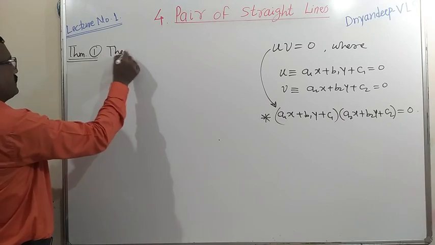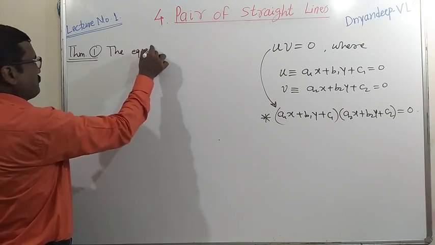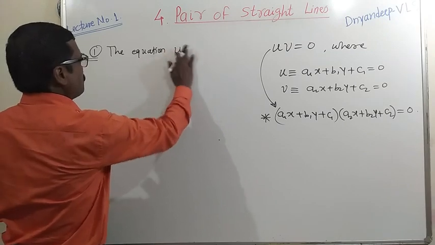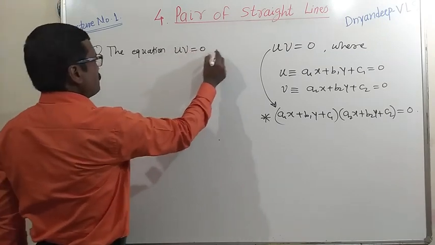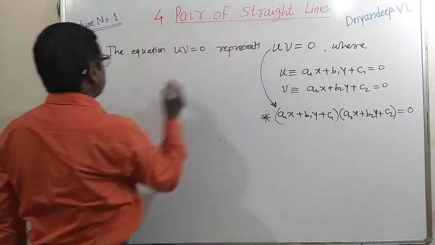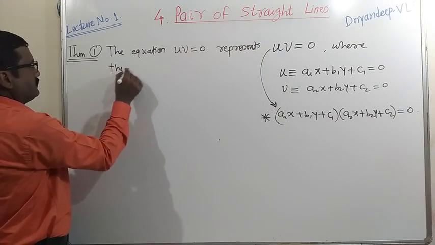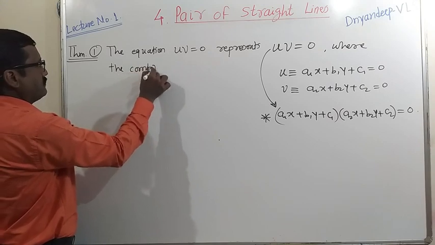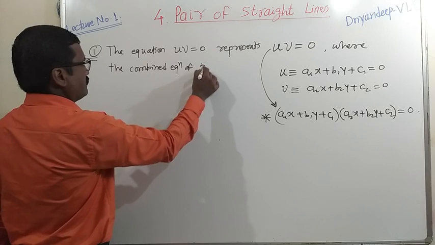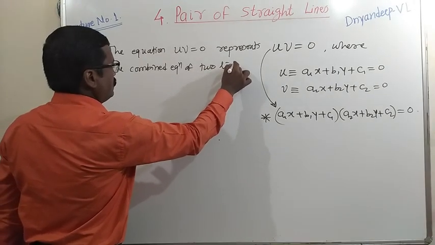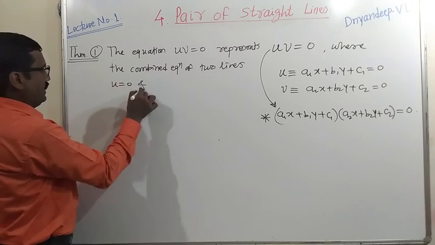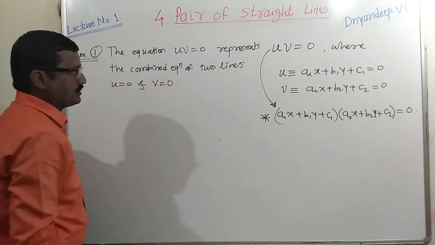The equation uv equal to 0 represents the combined equation of two lines, u equal to 0 and v equal to 0.